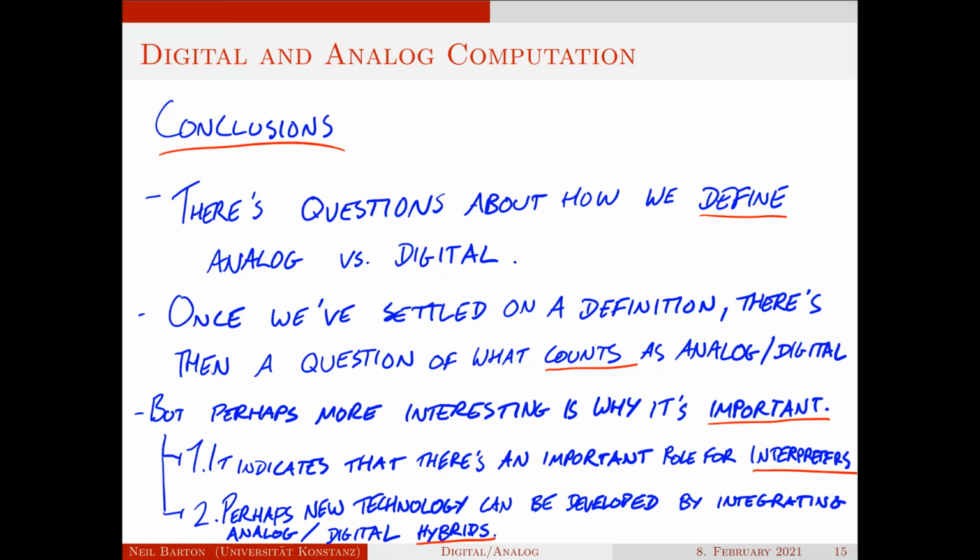What's important about the distinction between analog and digital computation? I think two things come out of this debate that are especially interesting. Firstly, it indicates, especially with these systems where it's unclear whether they should be analog or digital, that part of what's going on in any computational procedure is a relationship between an agent and the agent doing the computation.